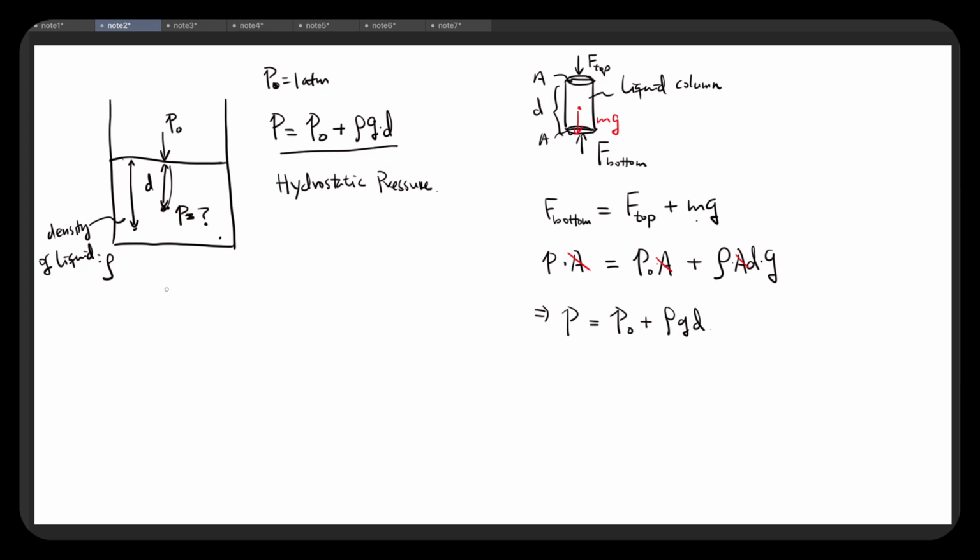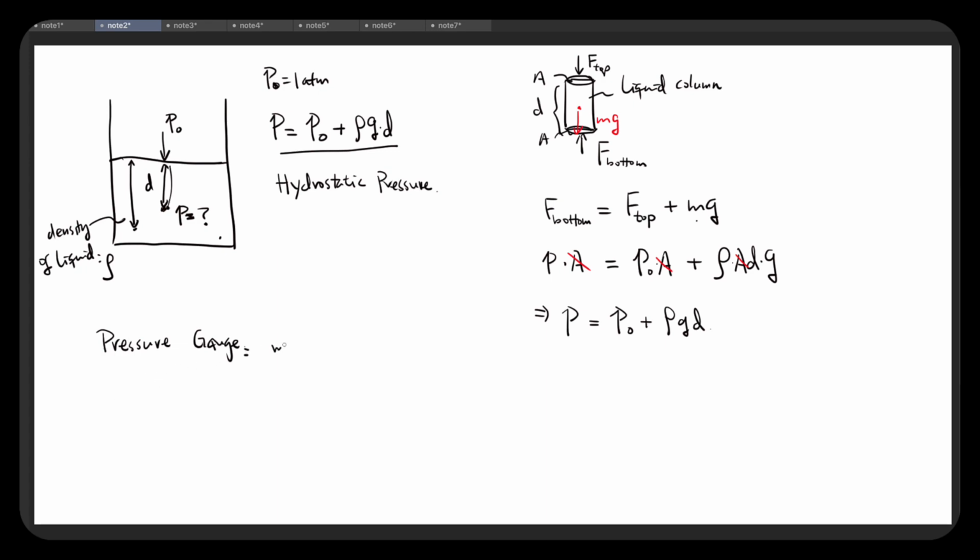Now for the measurement of pressure, we can use a device called a pressure gauge. And when we use a pressure gauge, we need to be careful that it measures pressure difference.